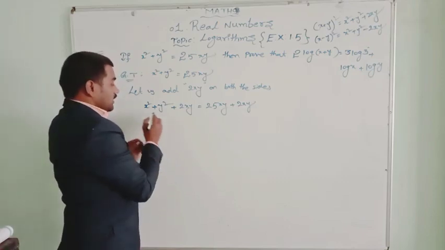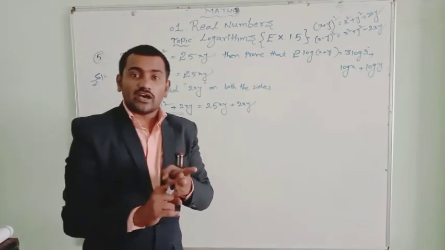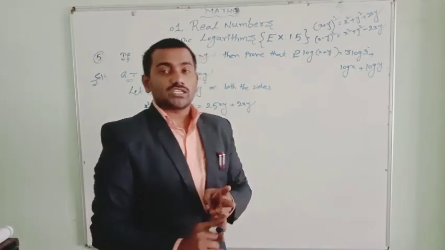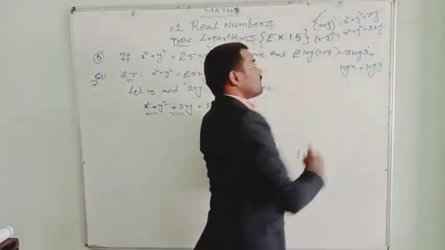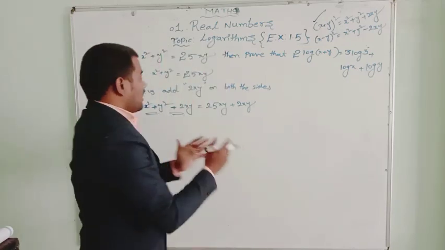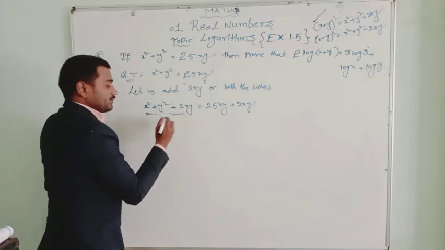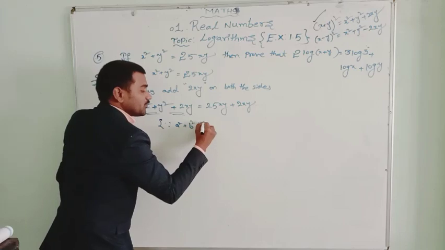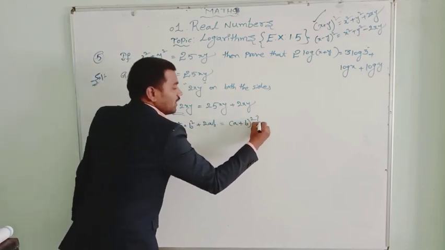Now if you observe the LHS, x square plus y square plus 2xy is the expanded form of x plus y whole square. It is in the form of a square plus b square plus 2ab, which we can write as a plus b whole square.